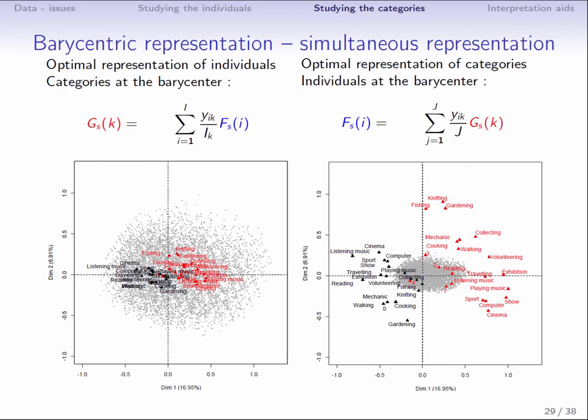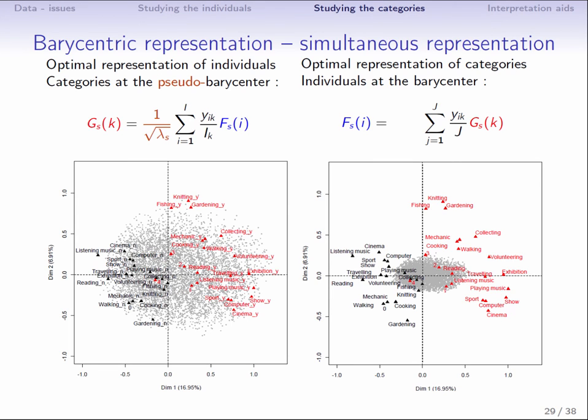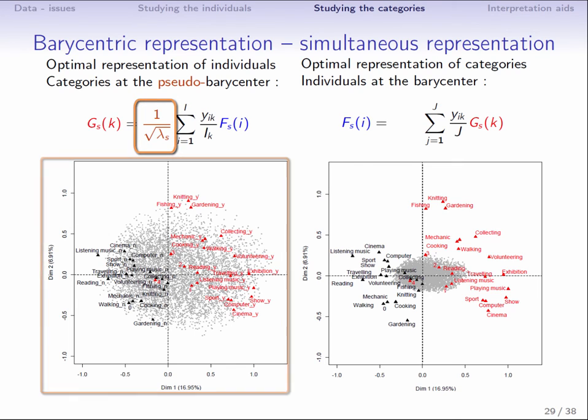The two graphs, on the left and on the right, are different, but one is just a dilated version of the other. In the graph on the left, if we fix the individuals' positions but dilate the categories by a factor of 1 over the square root of lambda s, this is what we get. Lambda s is the eigenvalue associated with the sth dimension, and it's clearly a dilation because lambda s is always less than 1.